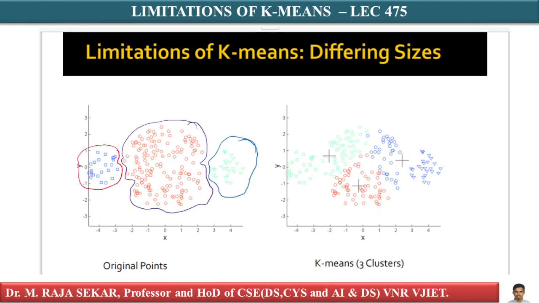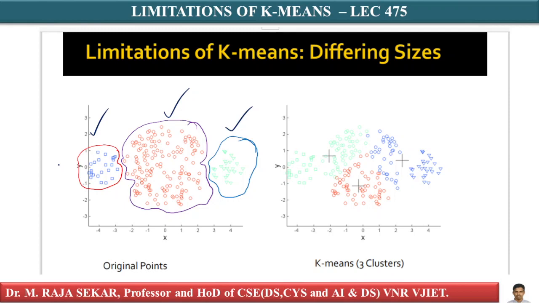I have a small cluster here, a small cluster here, and a small cluster here. Here I have a large cluster, isn't it? All of them are marked with this cluster. Yes, I have clusters of different sizes.